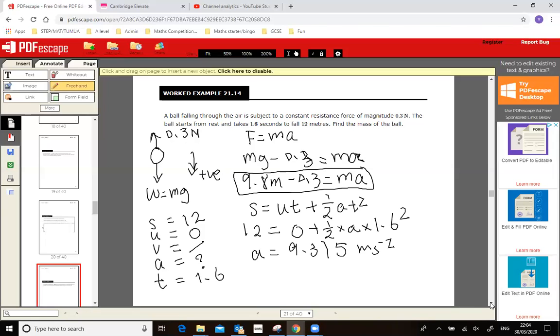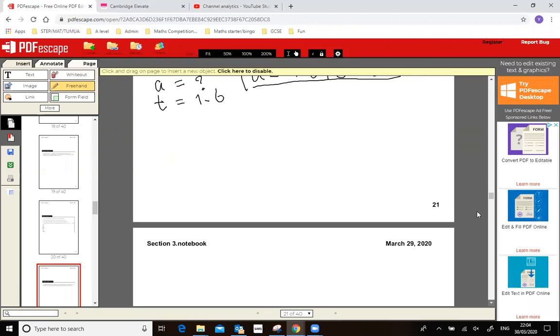Okay, so then we could use this answer we got in our previous equation. So let's substitute the value back into the first equation. Move down a bit.